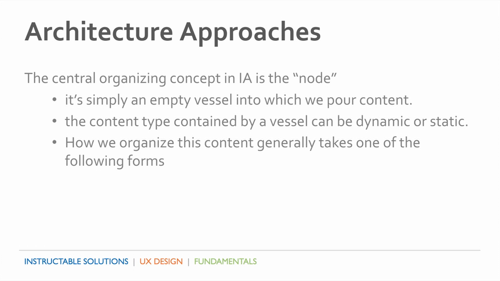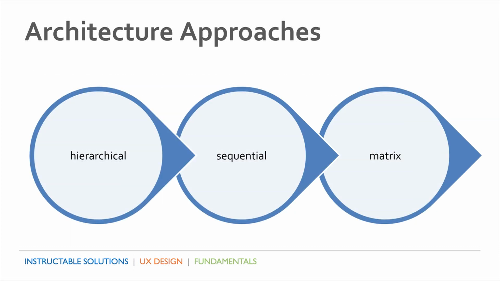Also, how we organize this content generally takes one of the following forms. First, hierarchical. In a hierarchy, we have a parent to child relationship, meaning that there are elements grouped together under a specific label.